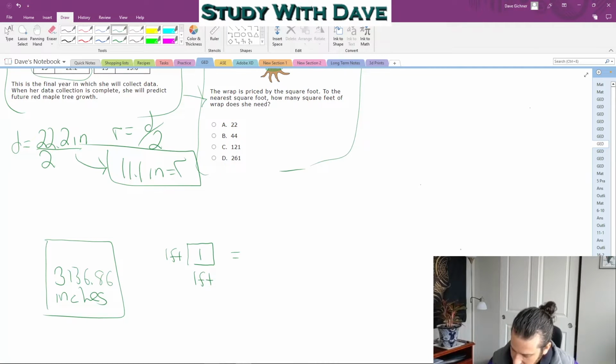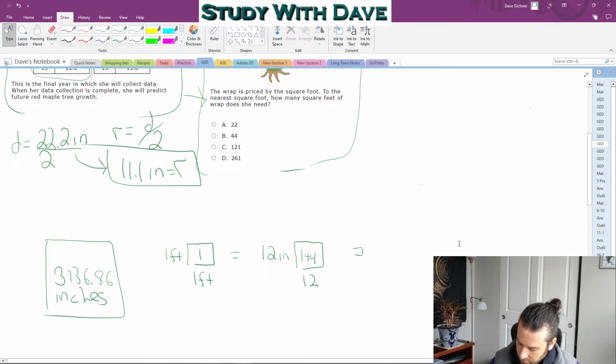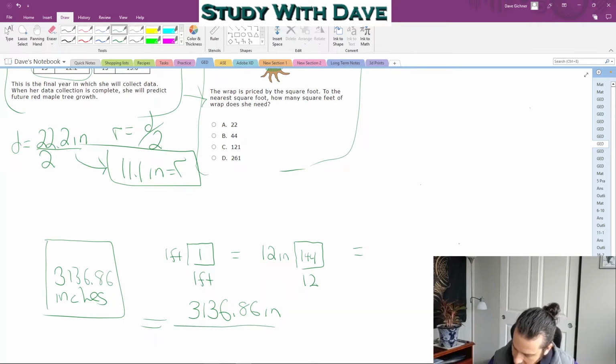But if we convert that into inches, that's 12 inches by 12 inches, and that's actually 144 square inches. So the very last step here to convert to feet is, well, let's actually do it down here. 3136.86 inches divided by, and I originally divided this by 12.